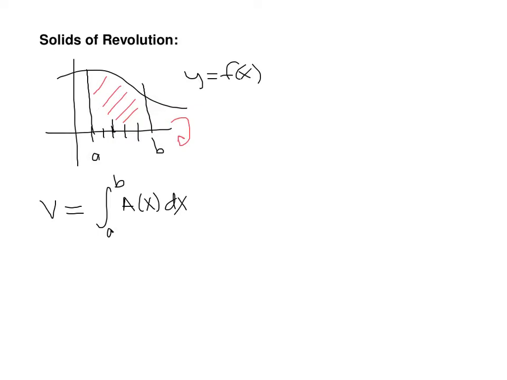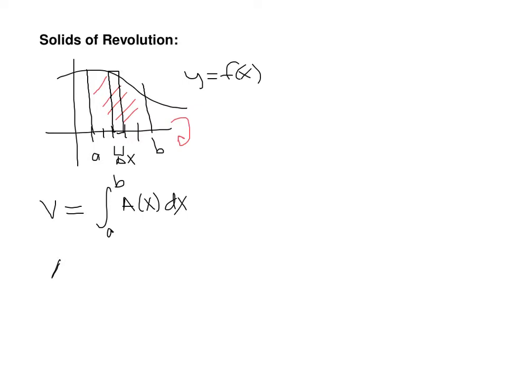So I'm going to draw in what I would call an approximating rectangle. So suppose I spin that particular little rectangle that I just drew around the x-axis. The shape you're going to get is going to be a cylinder. The height of the cylinder will be something delta x, and its base is going to be area pi r squared.